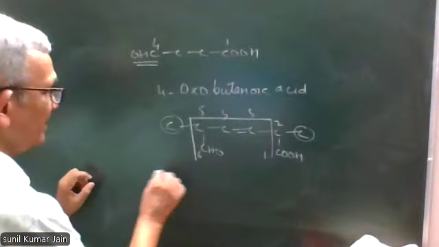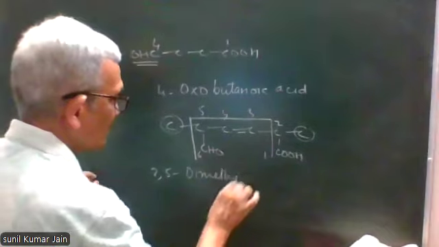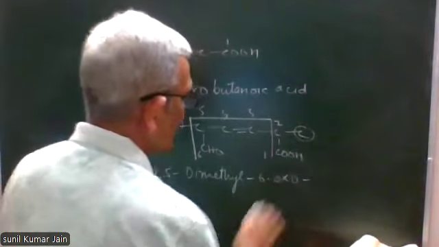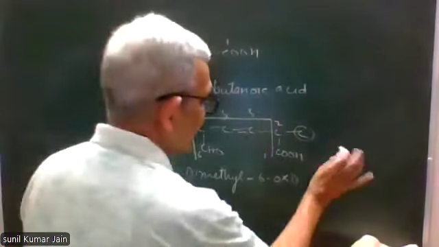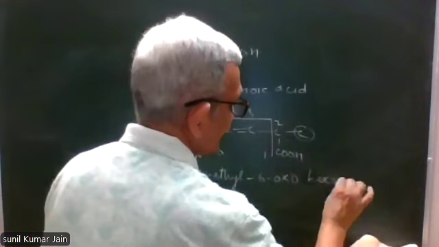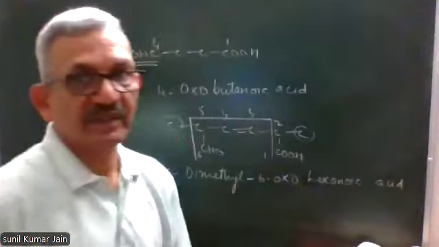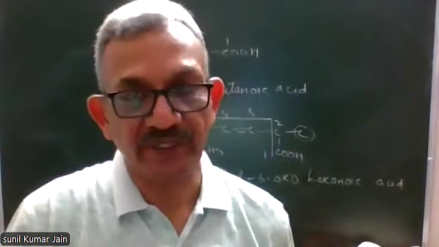So the IUPAC name will be 2,5-dimethyl-6-oxo, and after that, acid of 6 carbon atoms, hexanoic acid. So that was the case when the CHO group is a part of the longest chain.